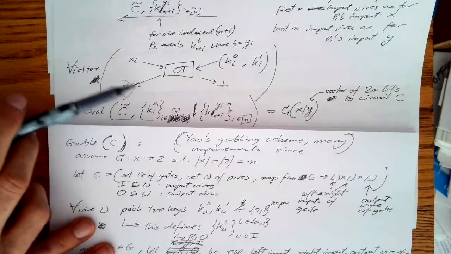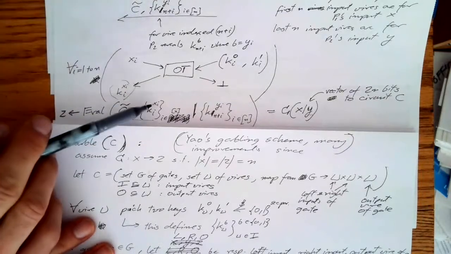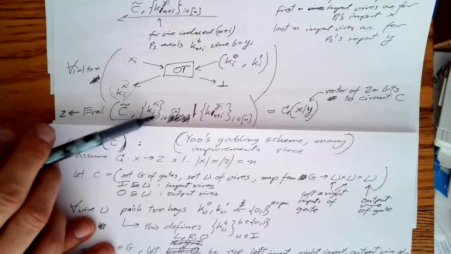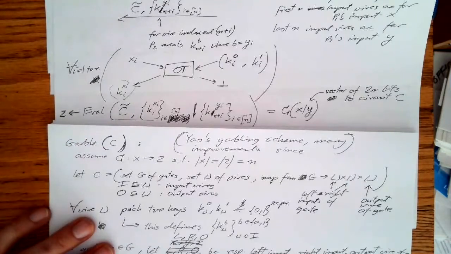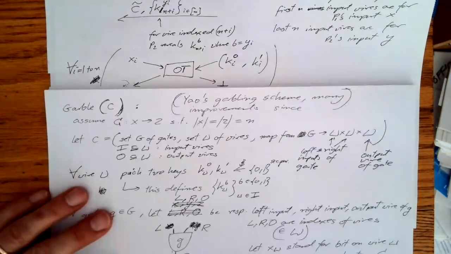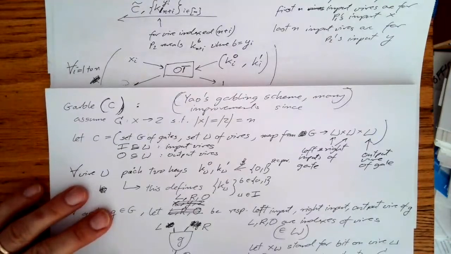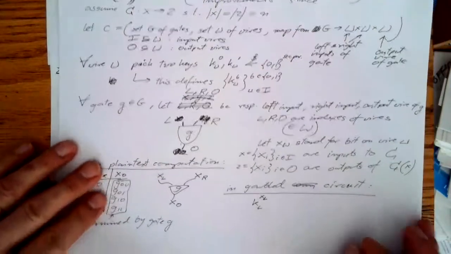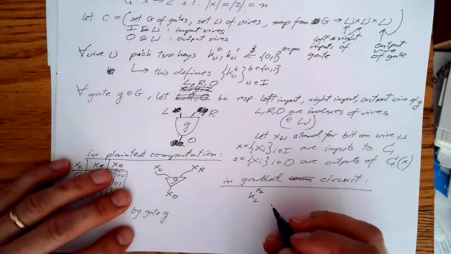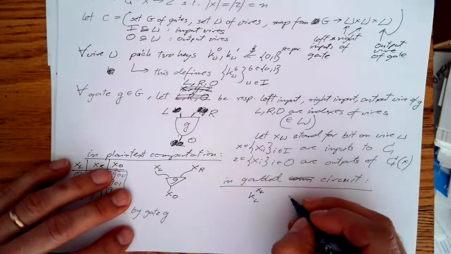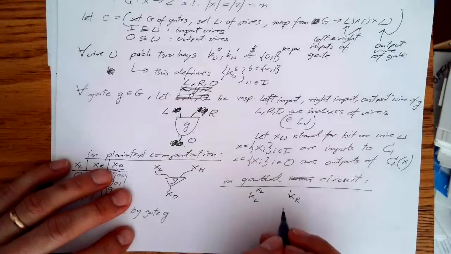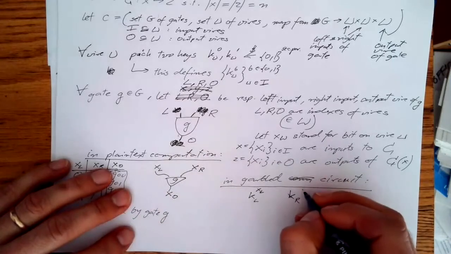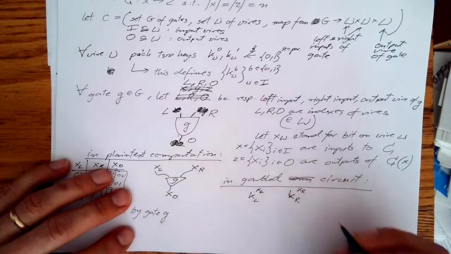For example, if that wire corresponds to P1's inputs, the bit that told me which of the two keys, K_i^0 or K_i^1, I had is determined by the bit on that input wire. This is the initial setting, and I will have that as an invariant throughout the computation. The value on the wire will be the key corresponding to that wire, and which one? This one.